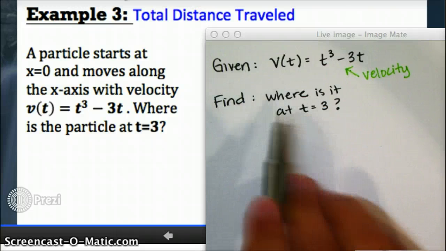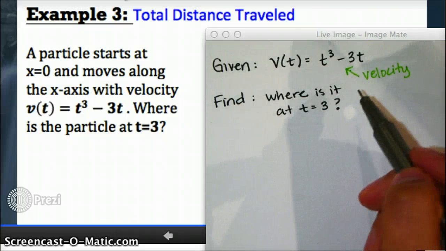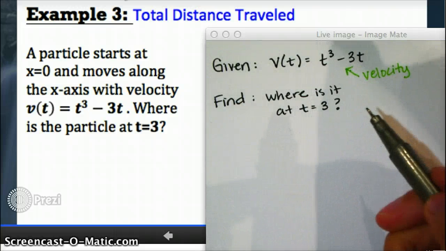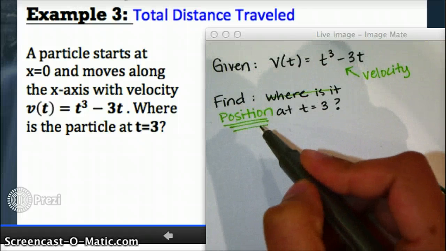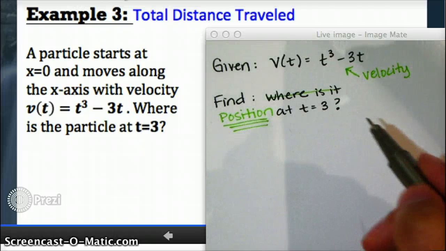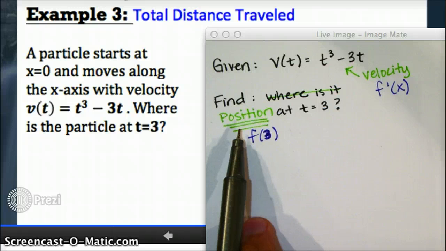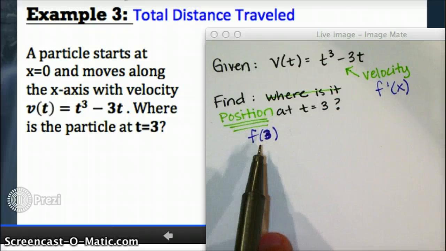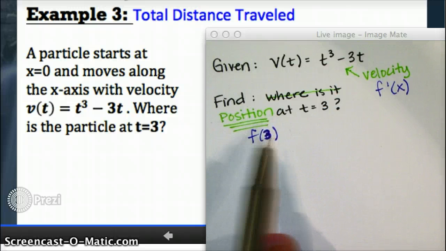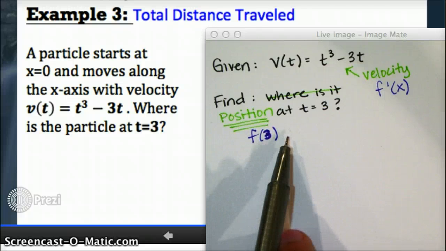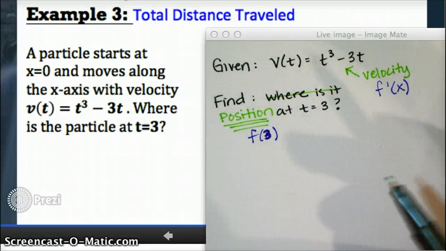When it asks where the particle is, it's asking us to find the position. In other words, we're given a derivative function and we're asked to find where it is at 3. In other words, the original total amount traveled from starting at 0.